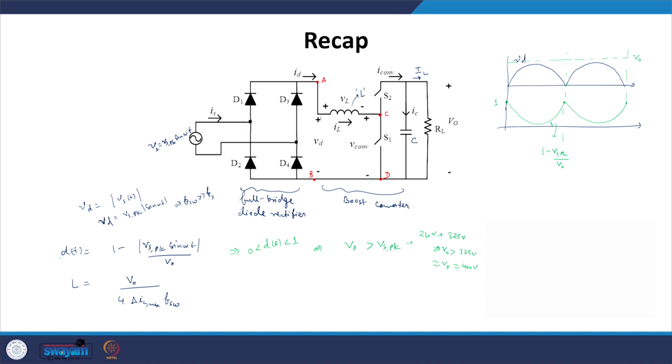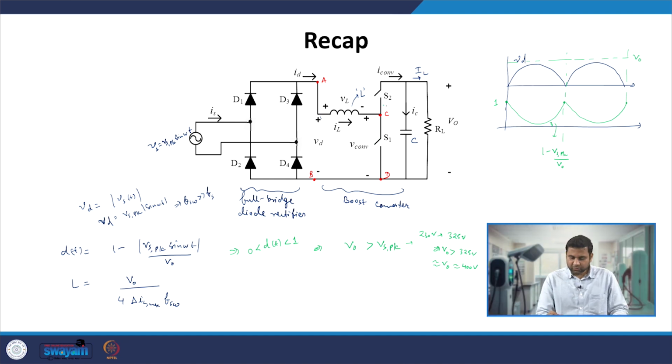This is the understanding we got while deriving the duty ratio: the time during which S1 is on within the switching period, while for the remaining part of the switching period S2 is on.